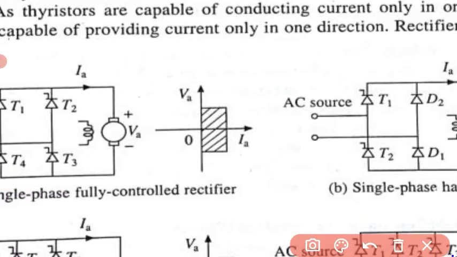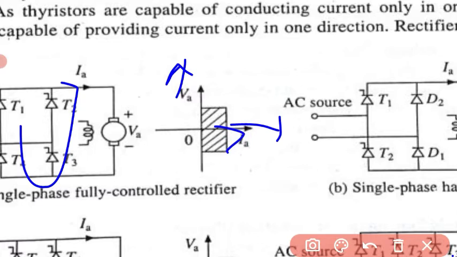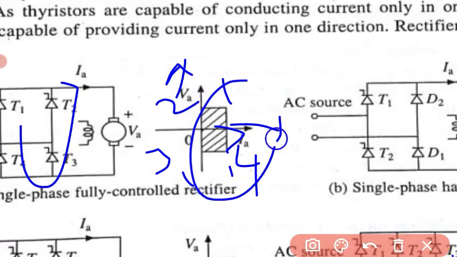I will show you here. Armature current is positive and armature voltage is also positive. These are unidirectional devices, hence current will remain positive only, but voltage will reverse as it operates in the fourth quadrant. This is first, this is second, this is third, this is fourth. First and fourth quadrants it will operate. Single phase fully controlled rectifier operates under first and fourth.